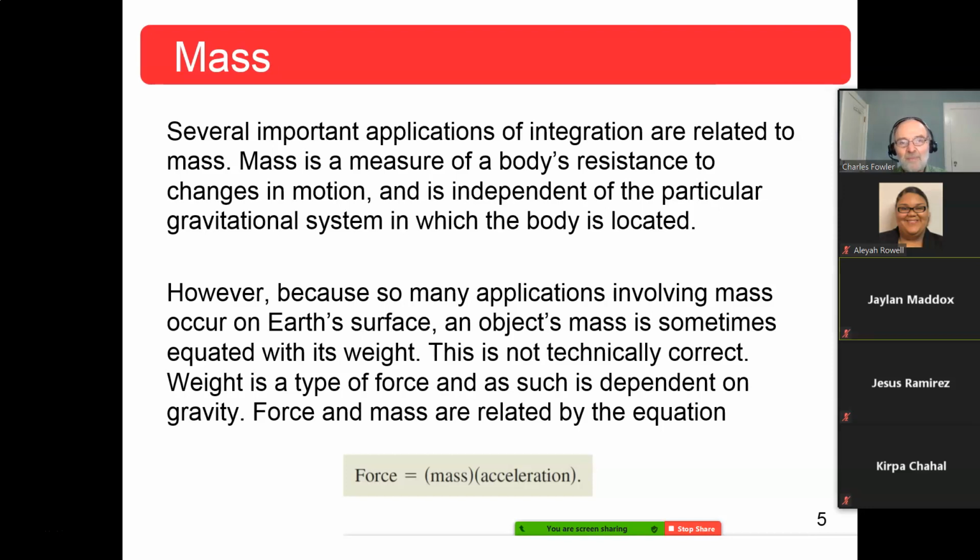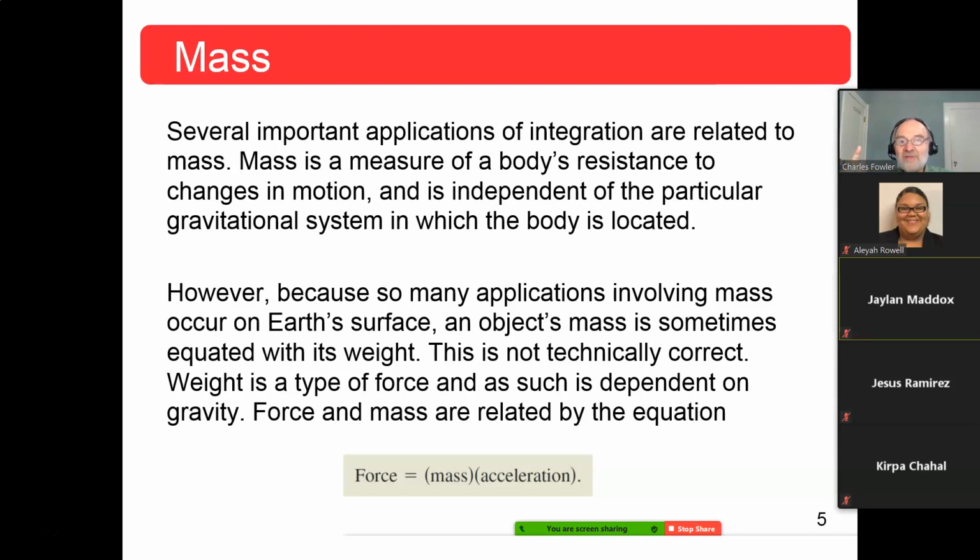Think of this, a ping pong ball. Not hard at all to bop that around and it changes motion. Very little resistance, very little mass. Bowling ball, on the other hand, you better get out of the way, because to change its motion, it's going to take some pain. Okay, it takes a lot more force to change the motion of a bowling ball than it would a ping pong ball.